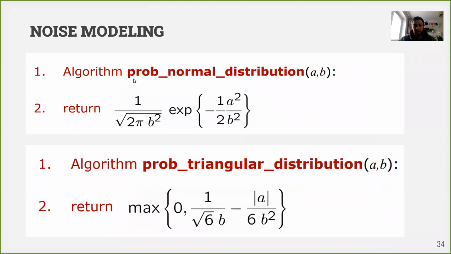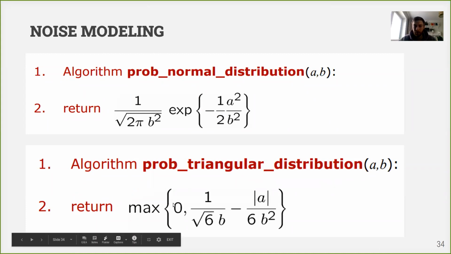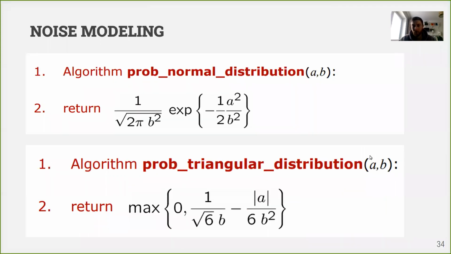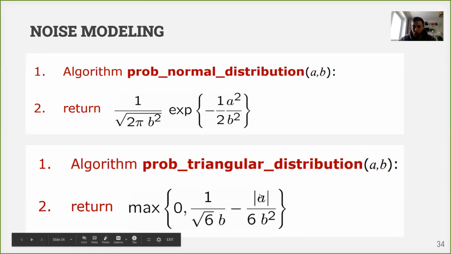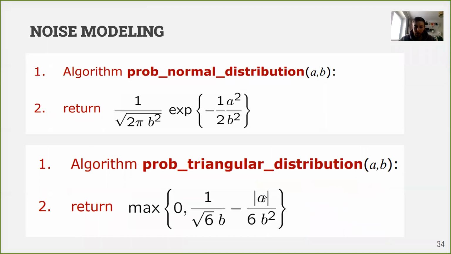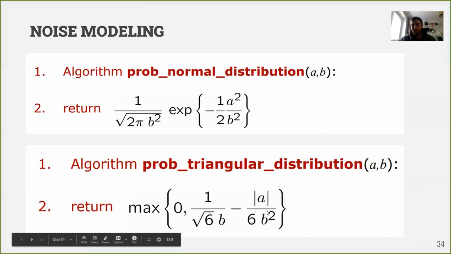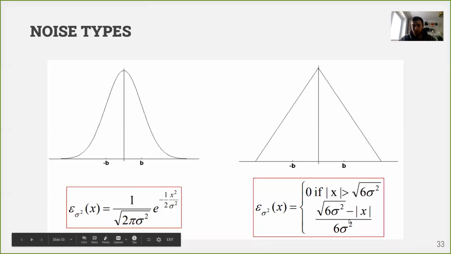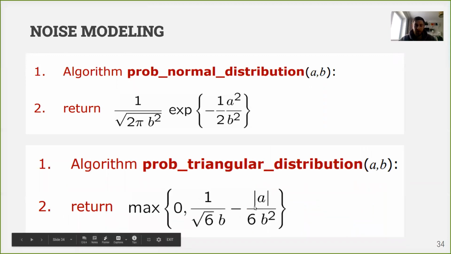And to perform that, we use just a simple normal distribution equation. We are plugging in our possible pose and our variance, and as an answer we get probability, right? And the same for the triangular one. I don't know if you're familiar with these equations, but this is just a simple equation which allows us to work with a triangular distribution. So we also plug in our pose for which we want to estimate probability, and also the parameter of the distribution, which we call variance here also. So we are plugging them into the equation, take the maximum, and get the probability that we are in this pose.